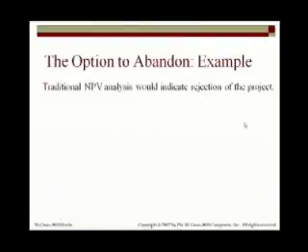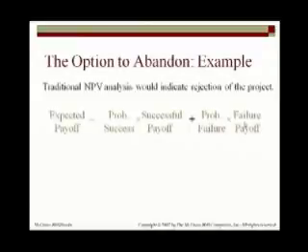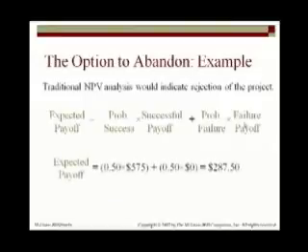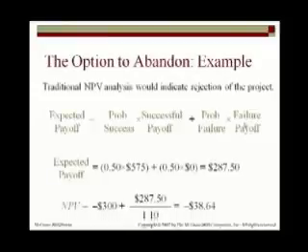So with traditional net present value analysis, we'll calculate the expected payoff: 50% times the successful payoff plus 50% times 0, and so the expected payoff is $287.50. And if we take the present value of the $287.50 at 10% and subtract the initial cost of $300, we see that the net present value is negative $38.64.